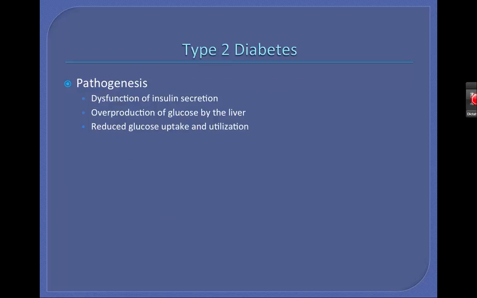The pathogenesis of type 2 diabetes is dysfunction of insulin secretion, overproduction of glucose by the liver, and reduced glucose uptake and utilization.